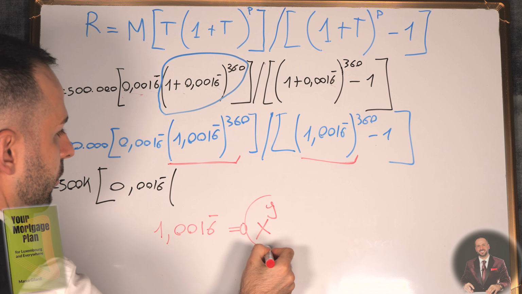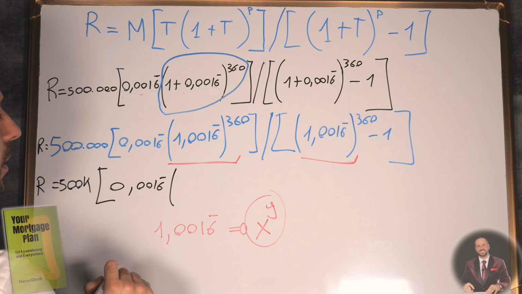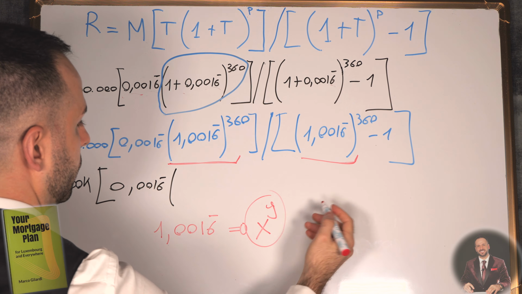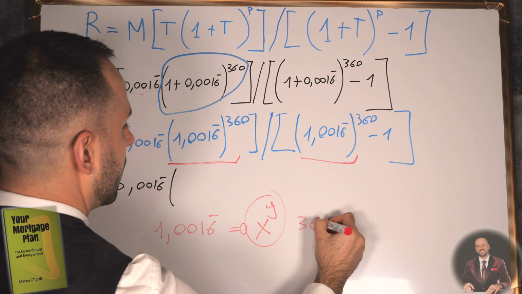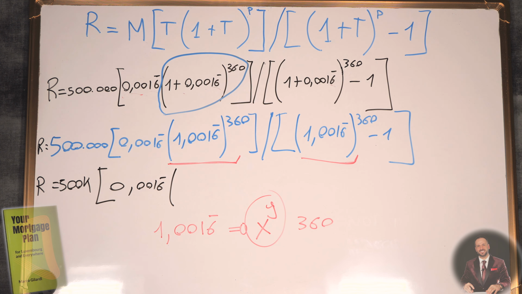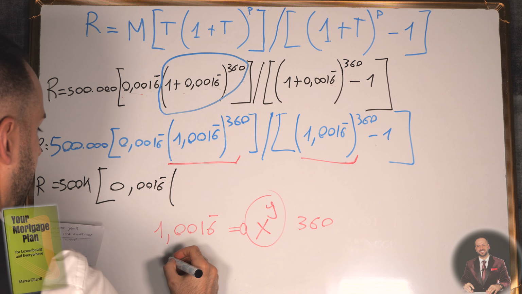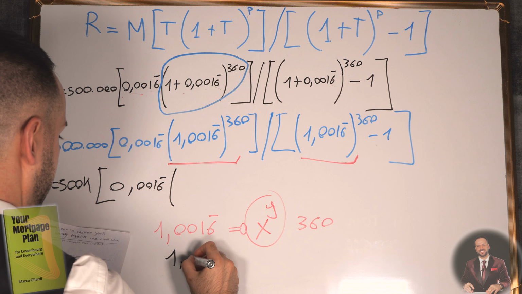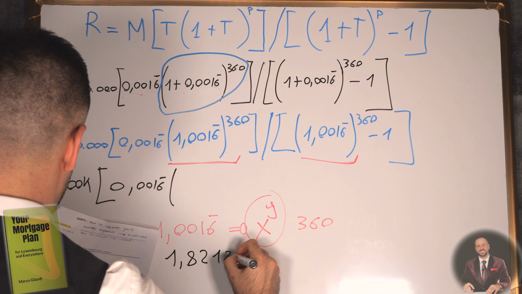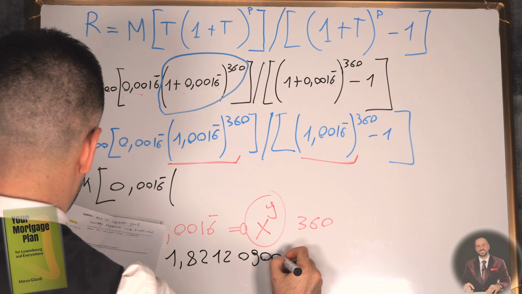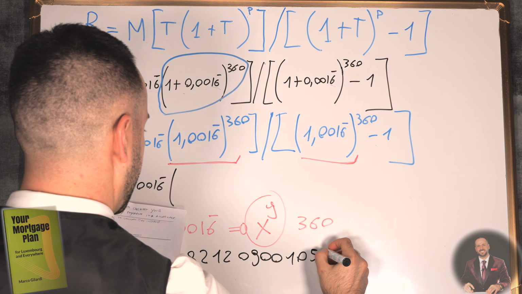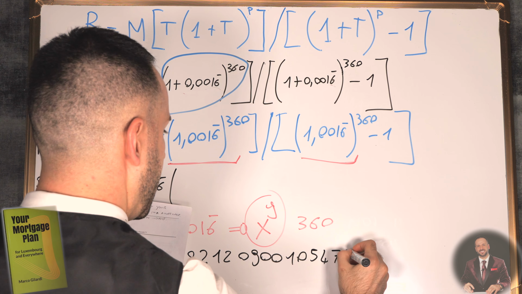Okay? This is the function you should use, x and y, and after this you push 360, and you will find the value, which is a big number, 1,012,910,5,4,7,9.